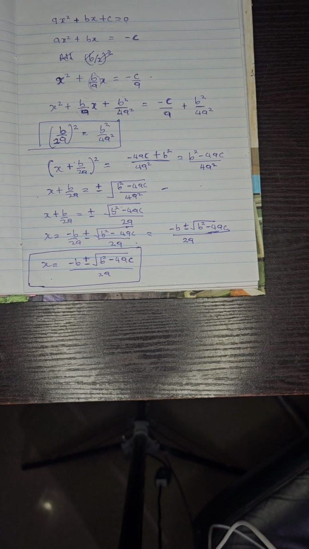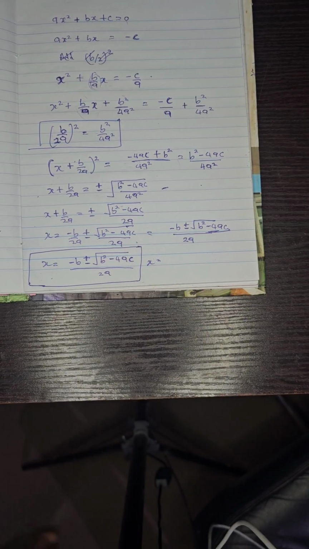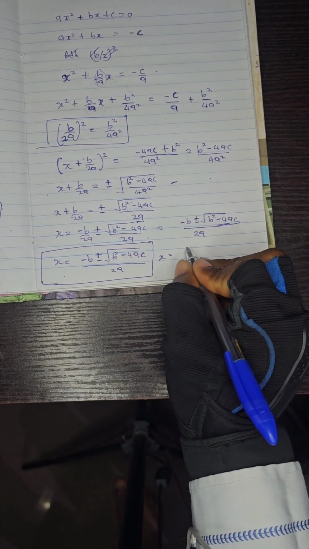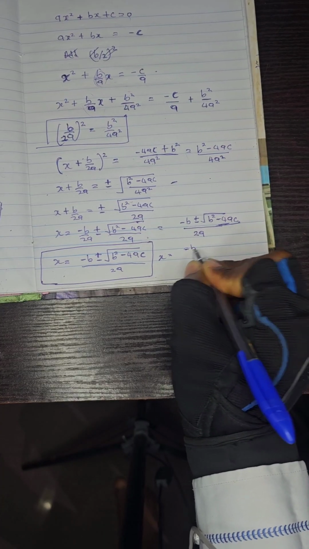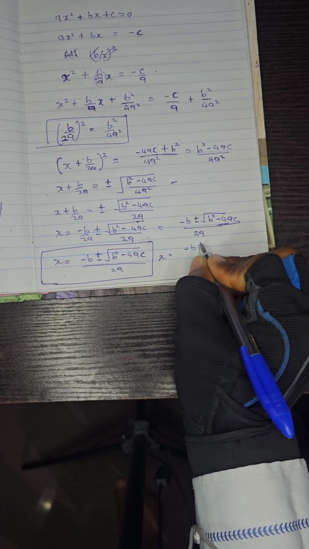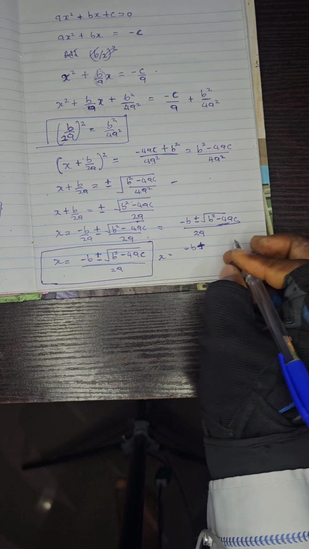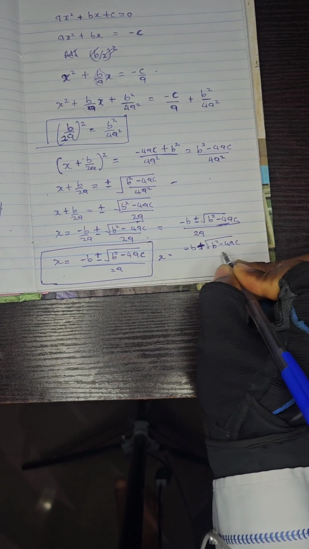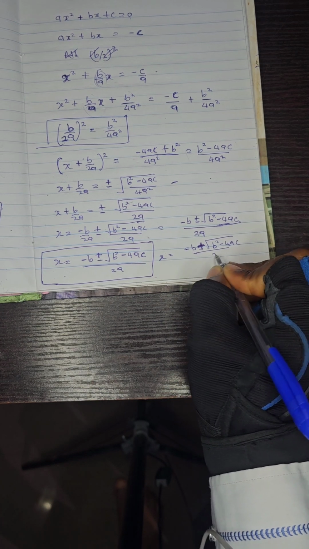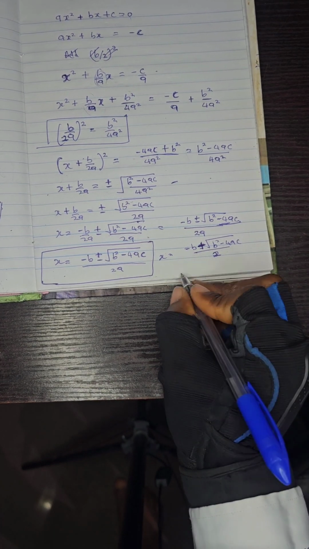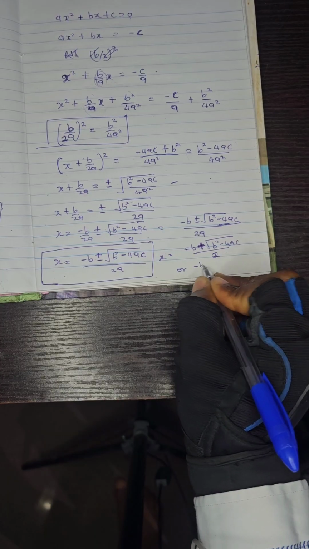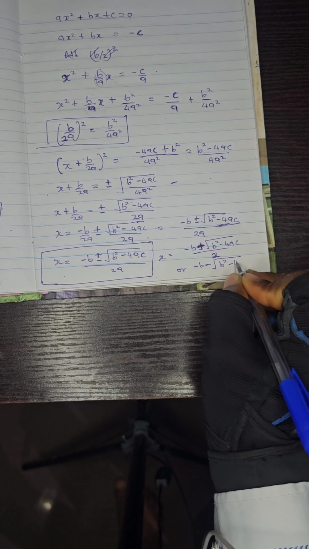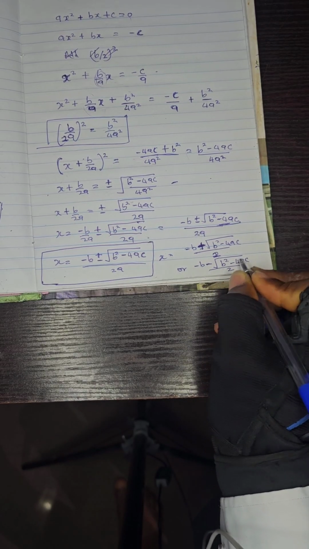Mind you, this equation also means x is equal to minus b plus square root of b squared minus 4ac over 2a, or x is equal to minus b minus square root of b squared minus 4ac all over 2a.